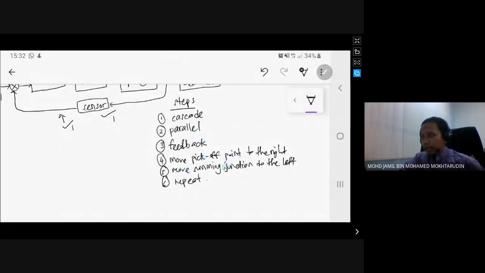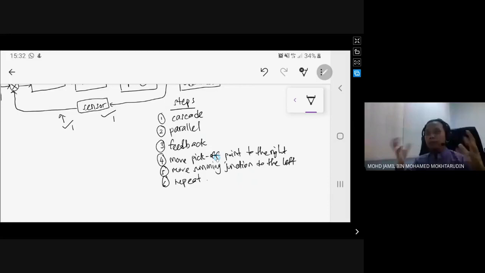Okay, I think it's correct, but maybe you will get a final answer different from the actual answer. So the steps given here are the optimal steps. Meaning that if you, let's say, move pick off point to the left, for example, you are actually making the system more complicated.